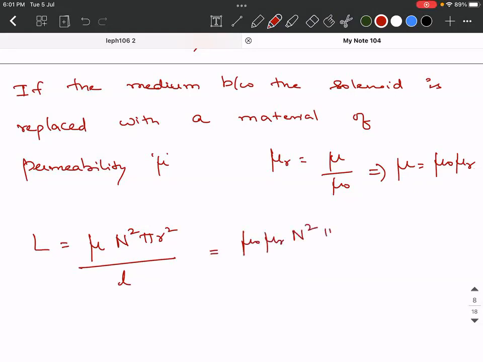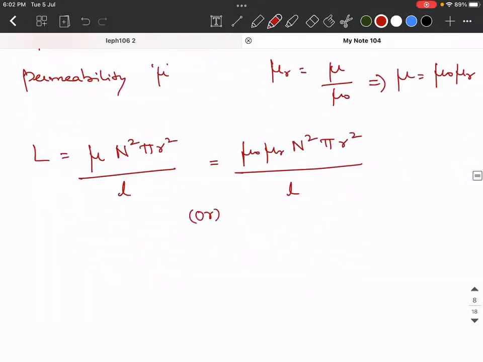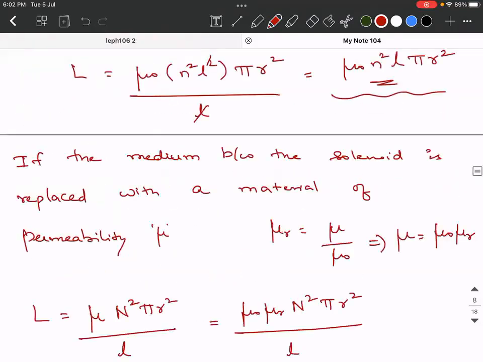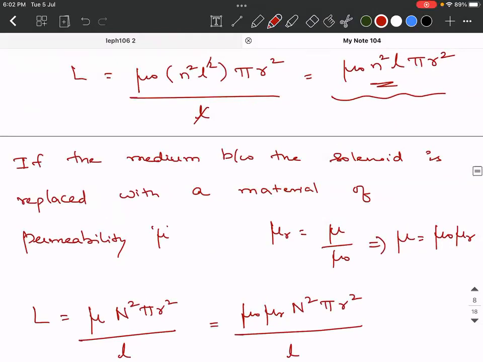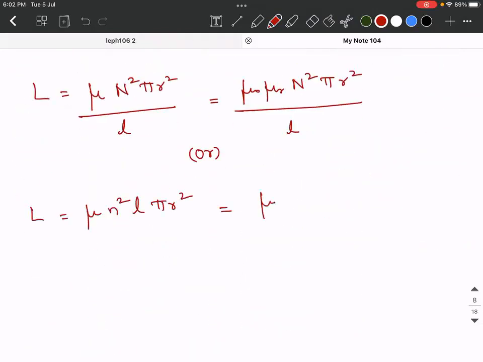Mu naught mu r into n square into pi r square divided by L. Or L is equal to mu n square L into pi r square. But what is mu? It is mu naught into mu r into n square L pi r square. These are the 2 formulas. These 2 formulae are important. Remember it. In the next chapter, we'll be discussing an example problem. We use these 2 formulas.